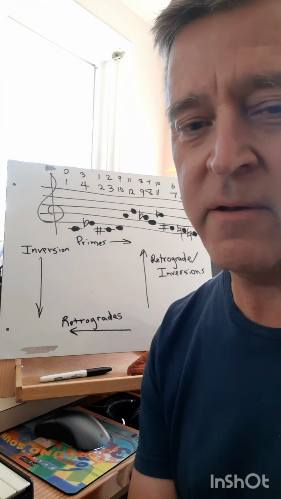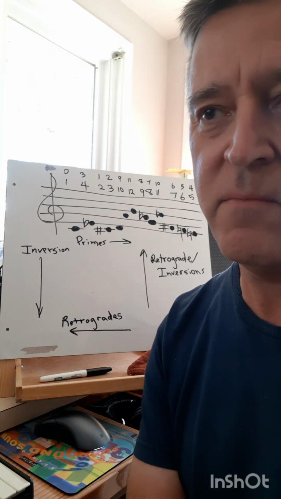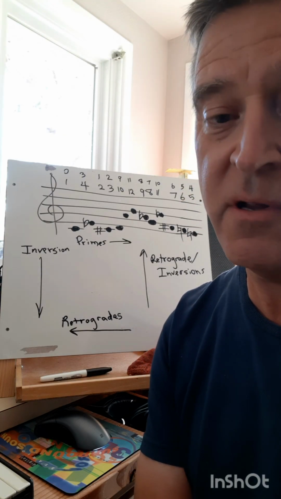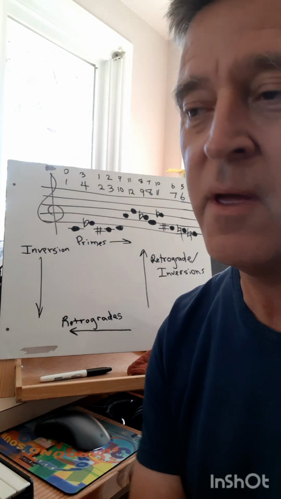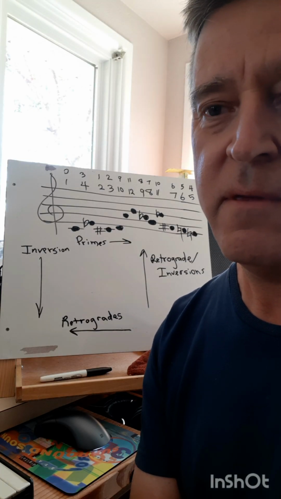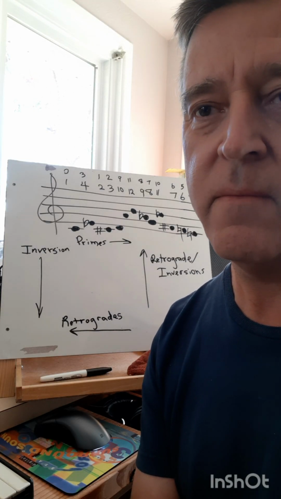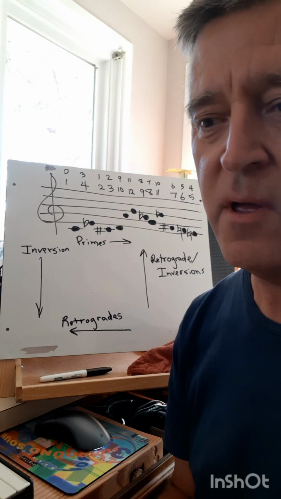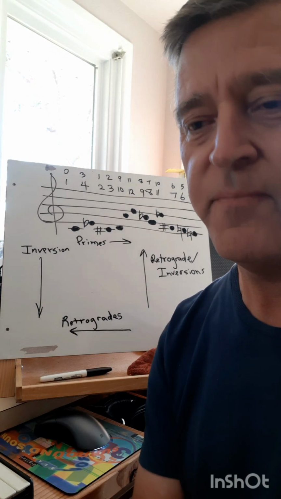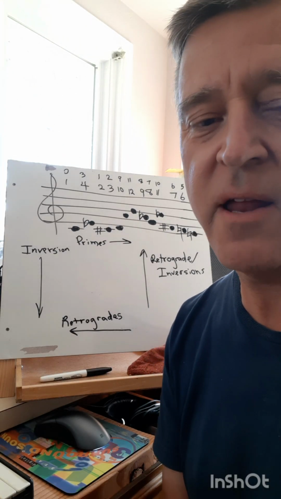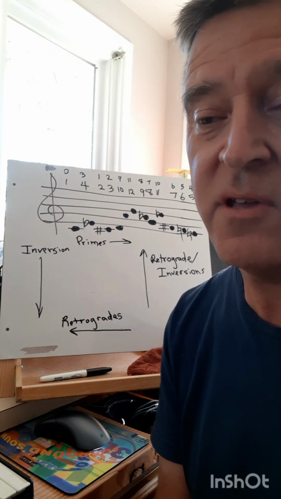And then later on, Stravinsky in the middle of the 20th century wrote with serialism the Rake's Progress, and so that was totally serialized. But he still sounded like Stravinsky.